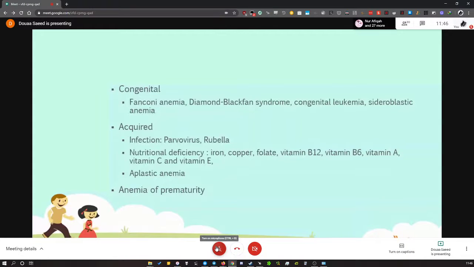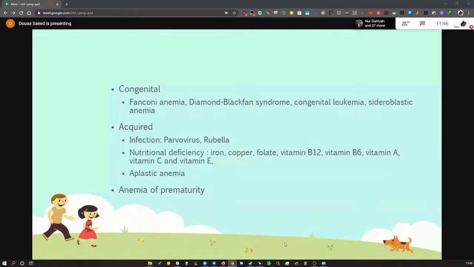The same thing, they may also have thumb abnormalities. Yes, triphalangeal thumb, or they may have absent thumb. So again, Diamond Blackfan commonly has thumb abnormalities; Fanconi has thumb abnormalities and absent radius.